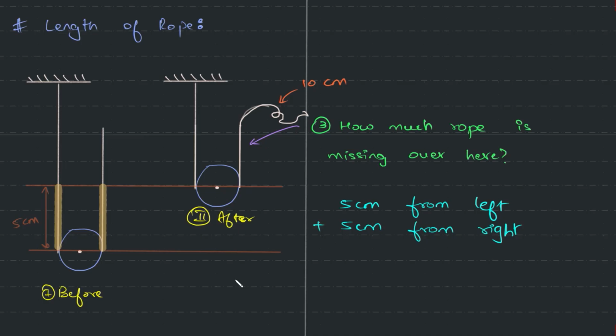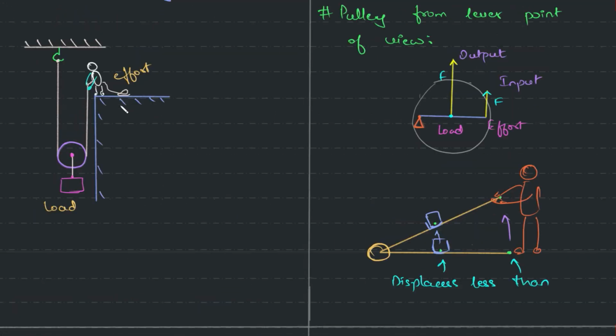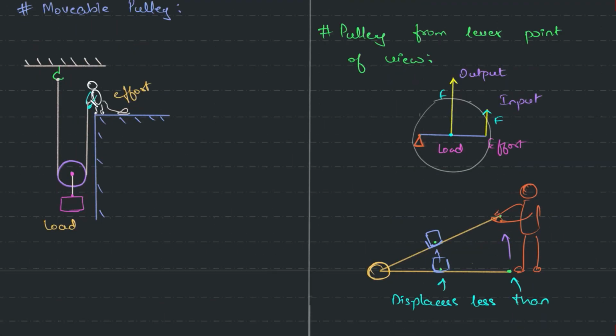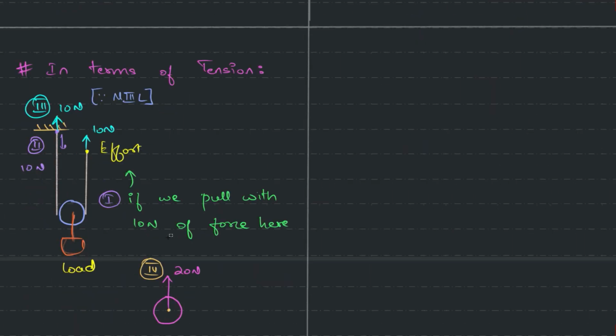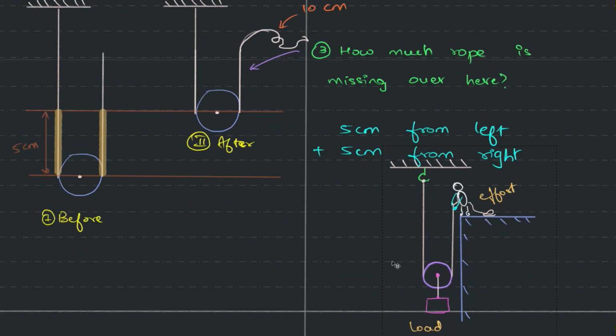Now let me ask you this way. If I happen to pull 10 centimeter from this end, how much will the load move? Simple question, which relates to this. Not ideal to paste it over here, but okay.